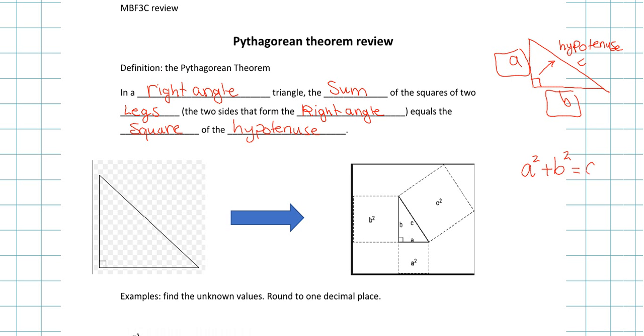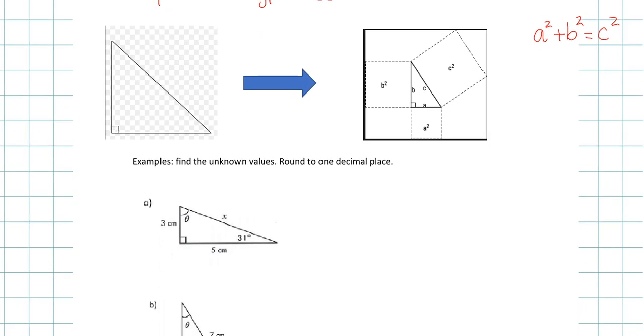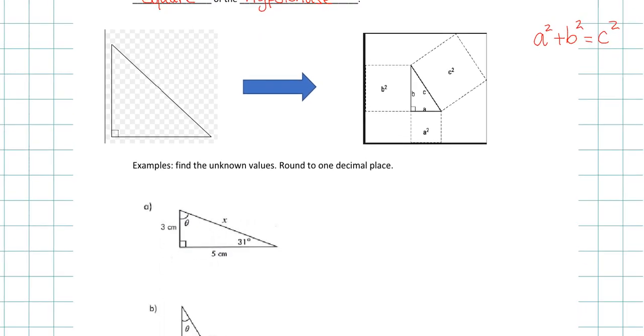The hypotenuse is C, always. Okay? So, let's look at an example. When do I use this? I use this formula when I have a right angle triangle, otherwise I can't use it. Okay? That's the first rule.